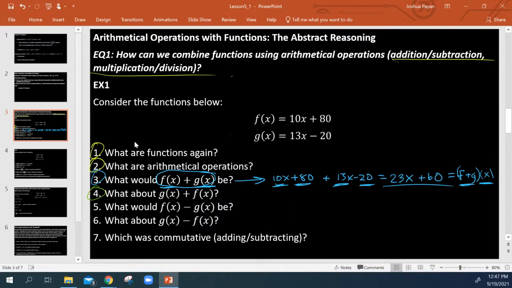What about g of x plus f of x? Well, all we're going to do now is just flip this, right? But is anything really going to change? And the answer is no, nothing's going to change. So g of x plus f of x is still going to be equal to 23x plus 60. And why is that? And this is going to seem really stupid, but 2 plus 3 equals 5. And so does 3 plus 2.